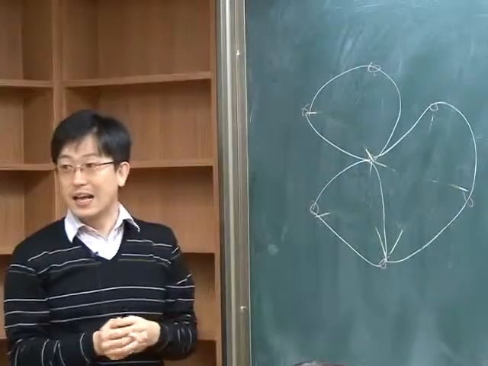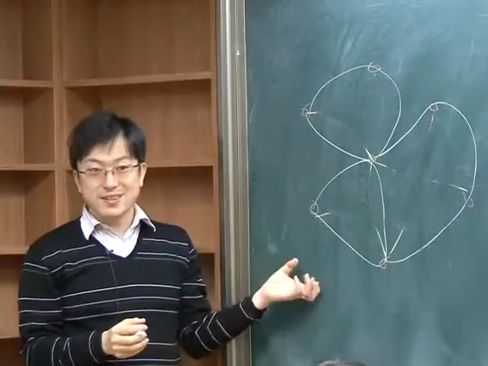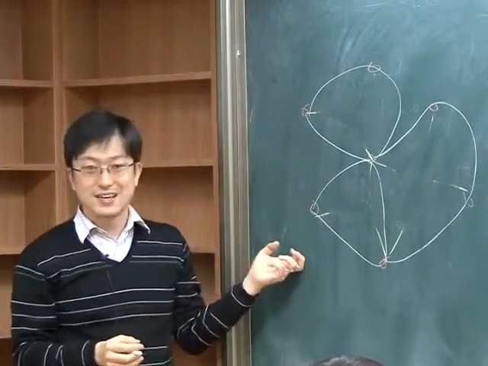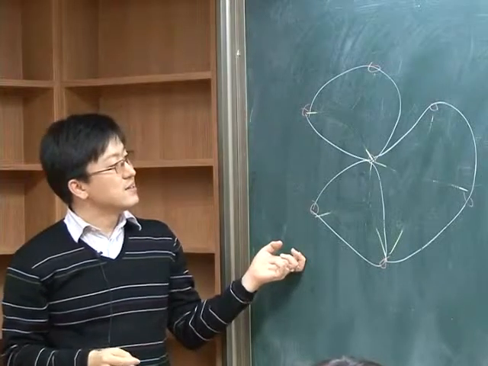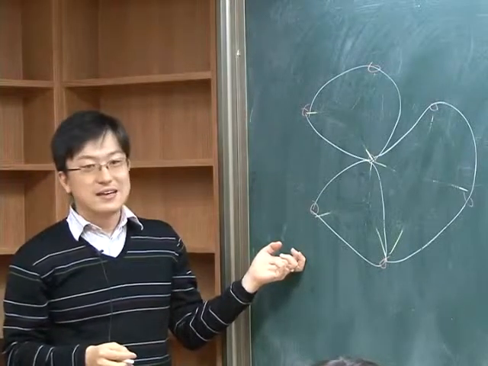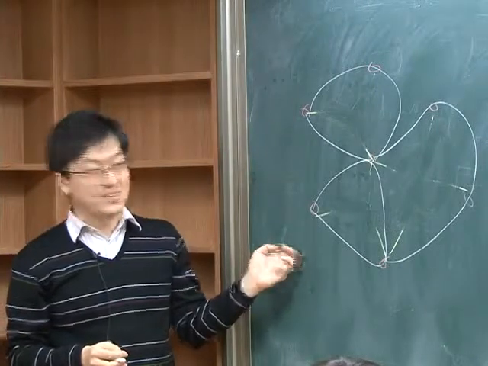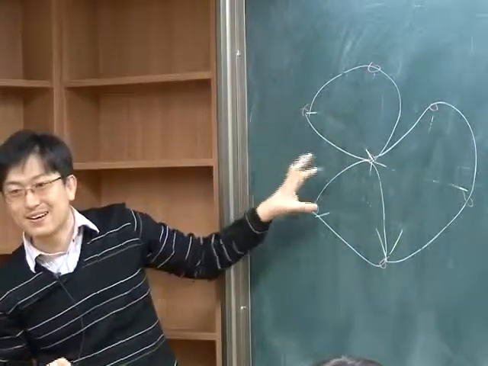So what is this? This is a planar graph with n vertices, and the number of edges is at most the number of faces in this planar graph.